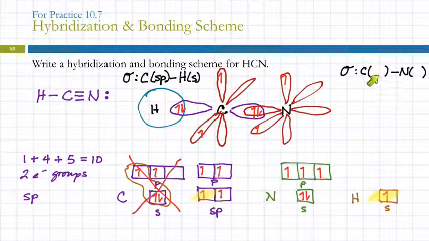What kind of an orbital is carbon using? sp. It's using its hybrid orbital. And what kind of an orbital is nitrogen using? One of the p orbitals, right? So now I've accounted for the other sp hybrid orbital on the carbon and one of the p orbitals on the nitrogen.